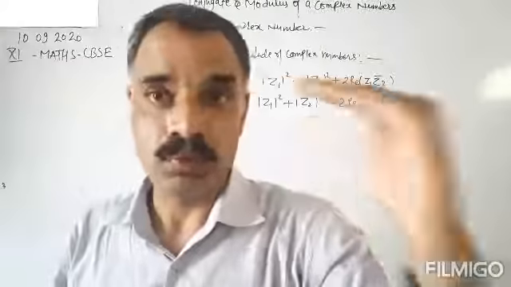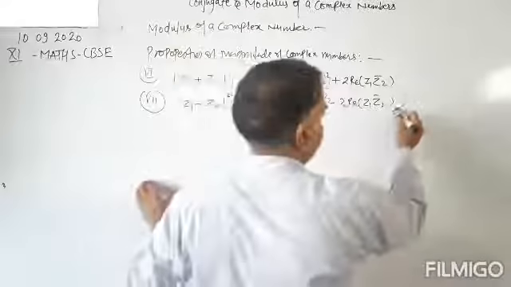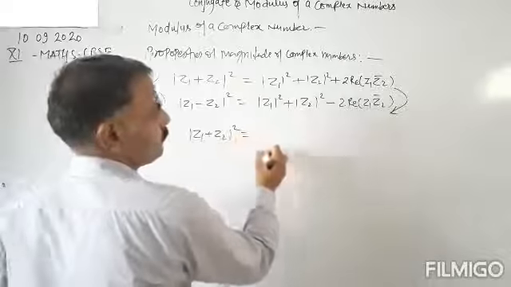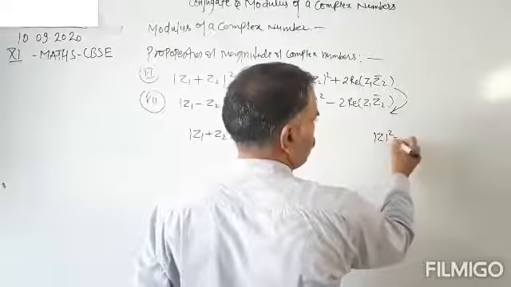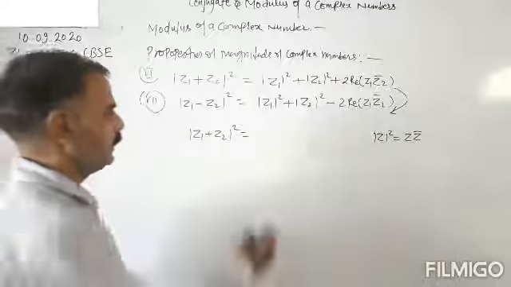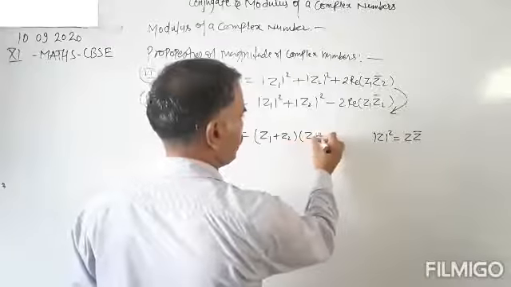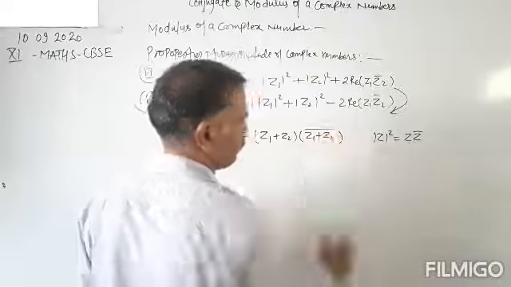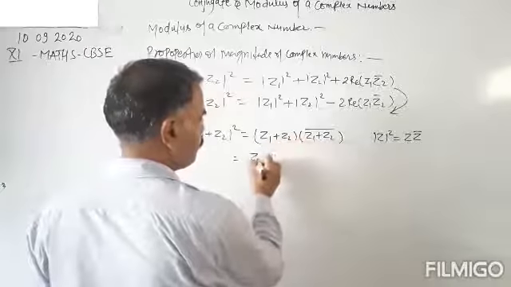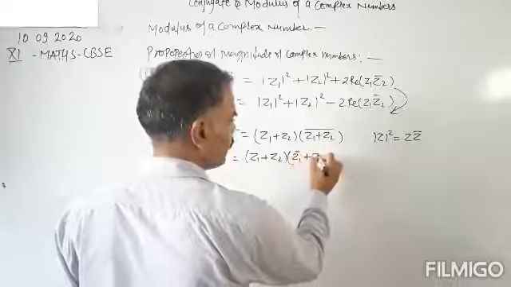We will prove one of the properties, that is, the sixth property. Magnitude z1 plus z2 whole square. We know that magnitude z square equals z z bar. So this is z1 plus z2 and z1 plus z2 whole bar, which equals z1 plus z2 multiplying z1 bar plus z2 bar.